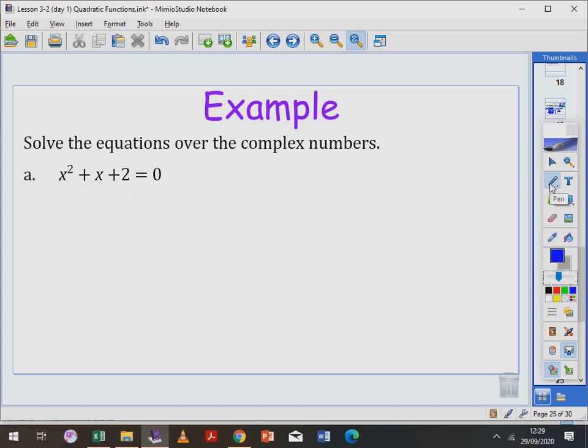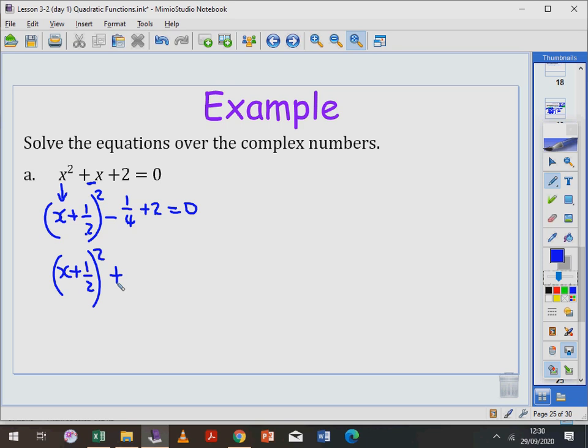If I'm completing the square, for those that are interested, it would just be take x plus half of the coefficient of x, half of 1 is half, squared, subtract the square of this number, which is 1/4, plus 2 equals 0. Very quick and efficient. (x plus half) squared, negative 1/4 plus 2, negative 1/4 plus 8/4 is 7/4.